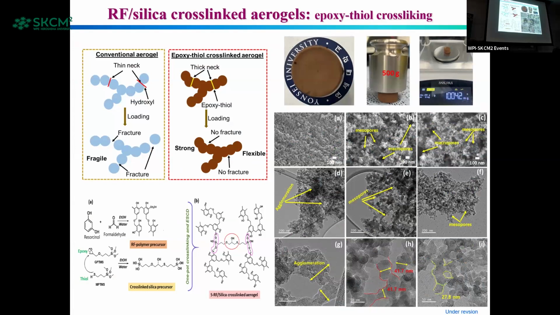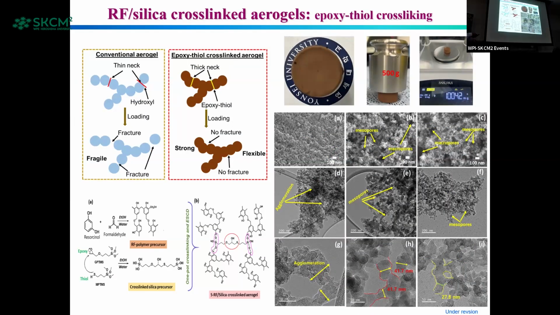We prepared an RF polymer-based aerogel, resorcinol formaldehyde, and we used epoxy-thiol cross-linking. That epoxy-thiol cross-linking gives us thickening of the neck. You can find from these TEM images, for ambient pressure drying material, mostly you can see agglomeration of particles, because we are drying the aerogel at ambient state.